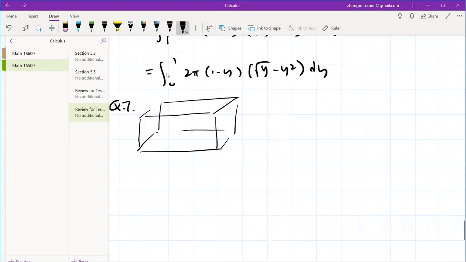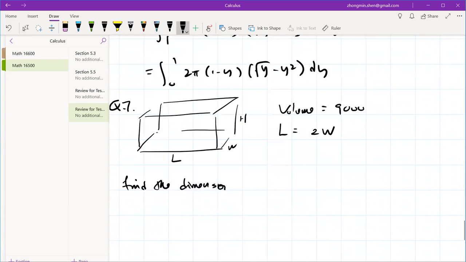This is the length, this is the width, this is the height. The volume is 9,000 cubic units. I also know that the length of the base is twice the width. Find the dimensions that will minimize the surface area.